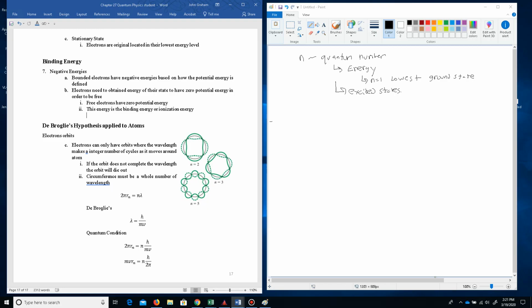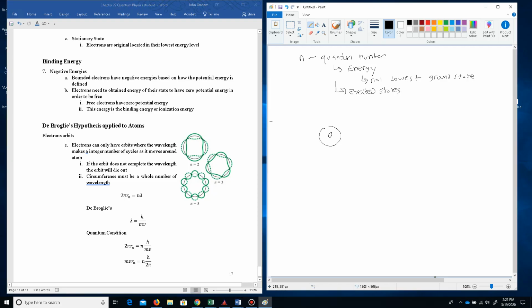And so, the idea is, in order for these electrons to eventually have zero potential, they must get free of the atom itself. So, say this is the nucleus.